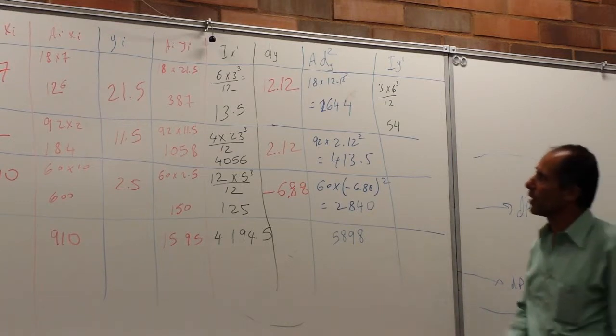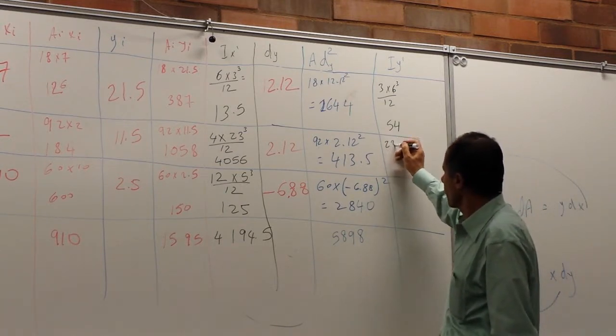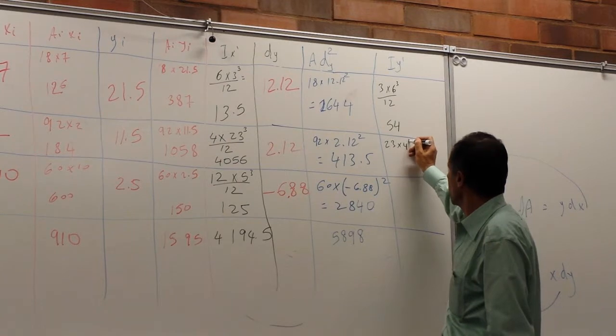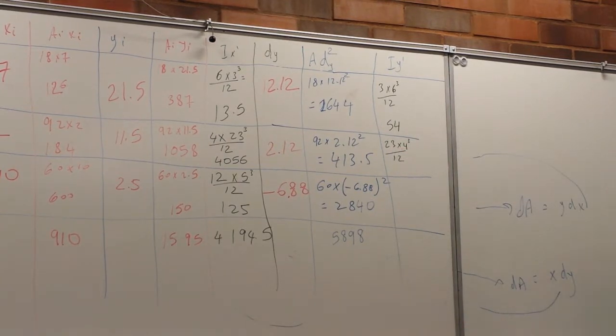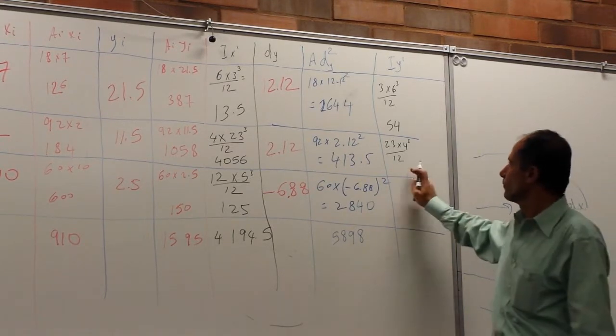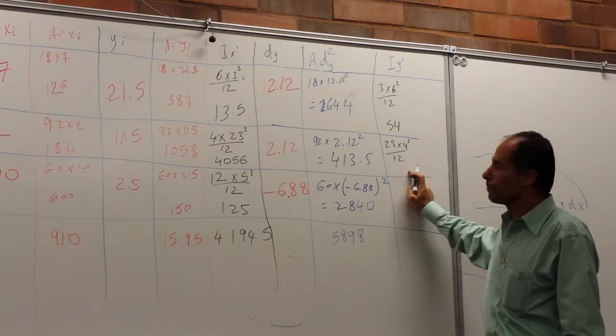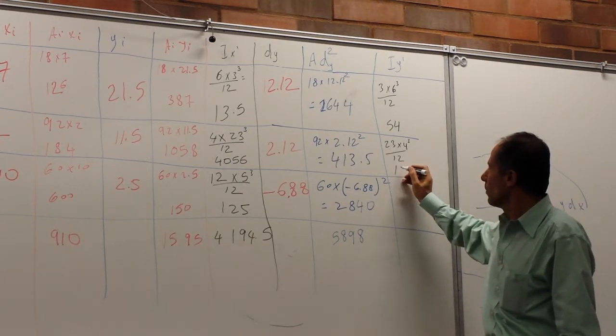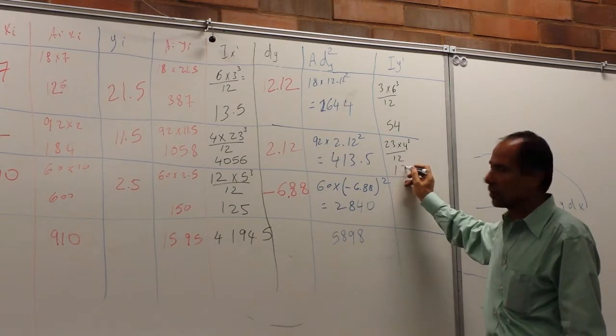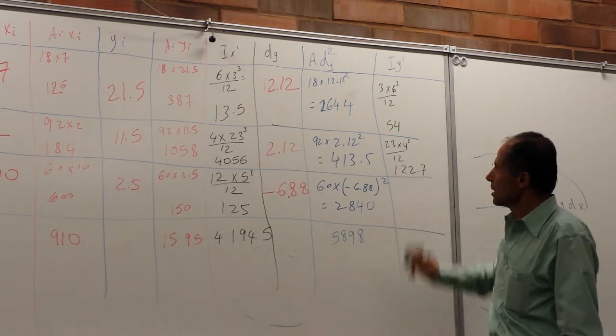Next one, 23 times 4 cubed over 12, 122.7.